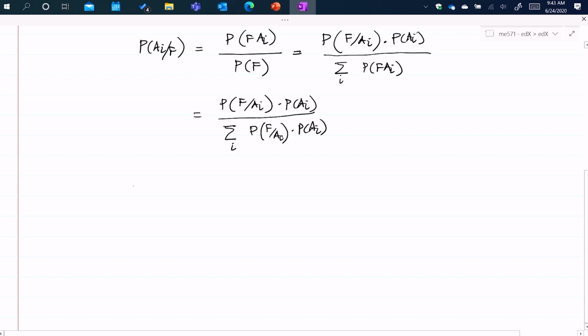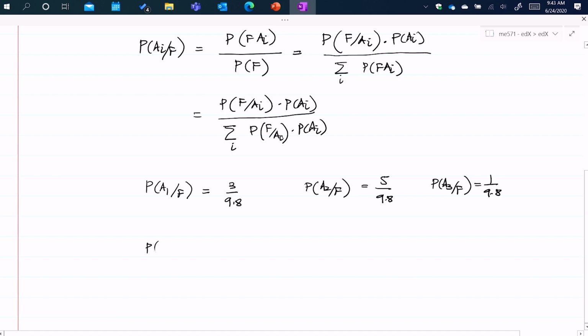So therefore, we can go ahead and substitute and estimate the probability of A1 given F, and that turns out to be 3 over 9.8. The probability of A2 given F turns out to be 5 over 9.8. The probability of A3 given F is 1 over 9.8.